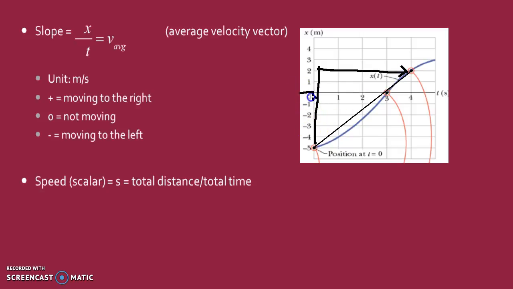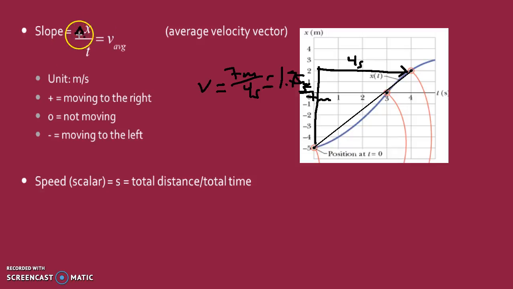So 7 meters in 4 seconds tells us the average velocity of that armadillo is equal to 1.75 meters per second.